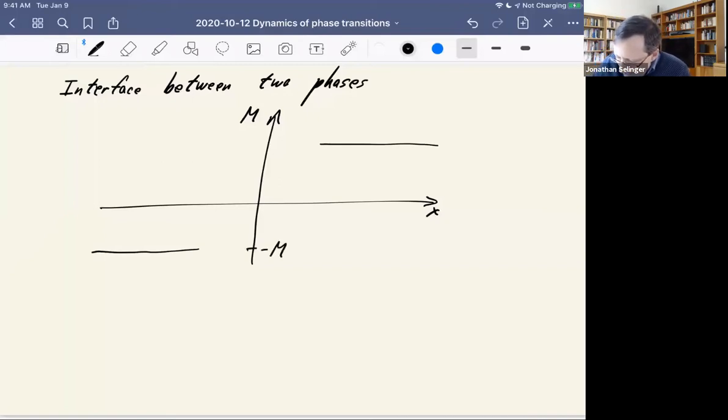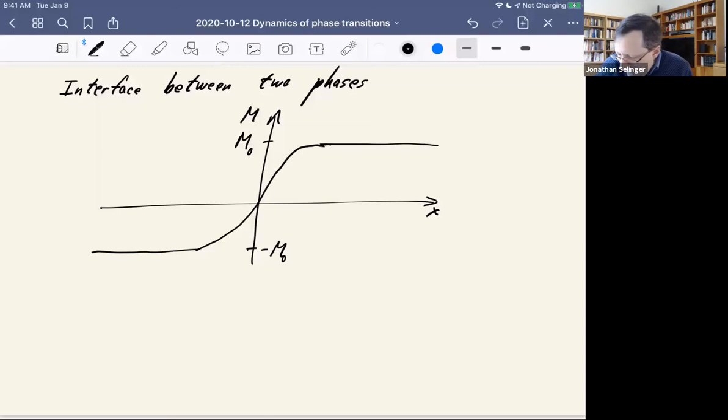So there's a negative order parameter over here and a positive order parameter over there. And then we did a calculation to say, what is the function m of x that minimizes the free energy? And we got a function which is a hyperbolic tangent that looks like that.